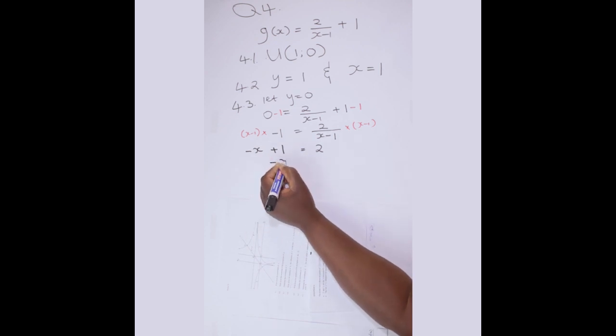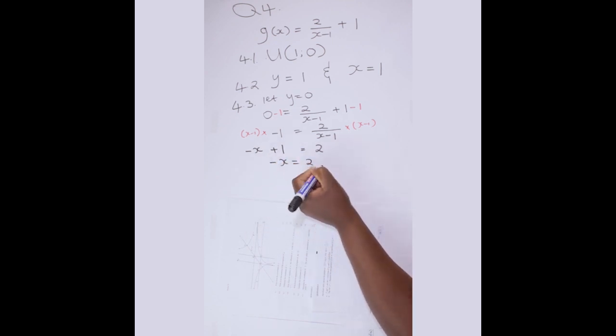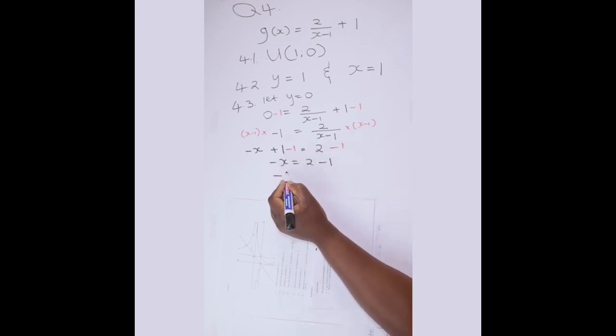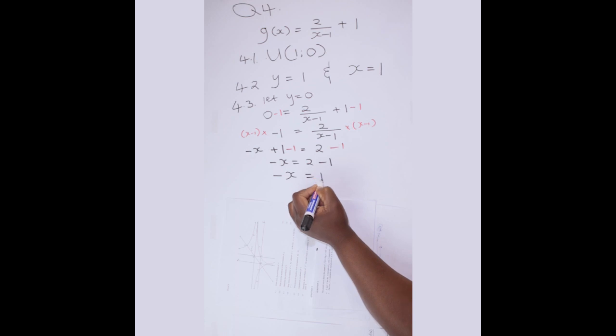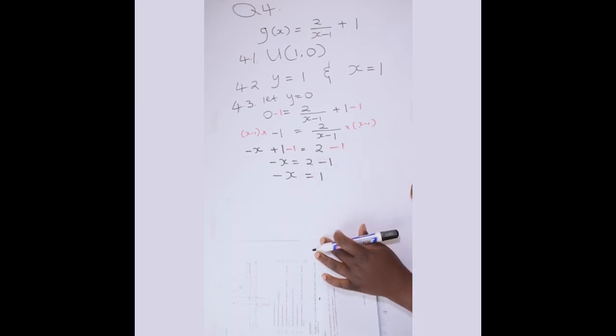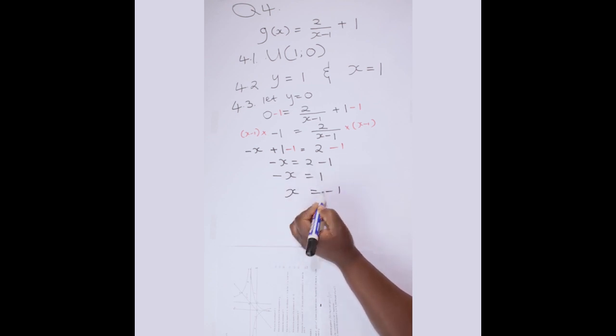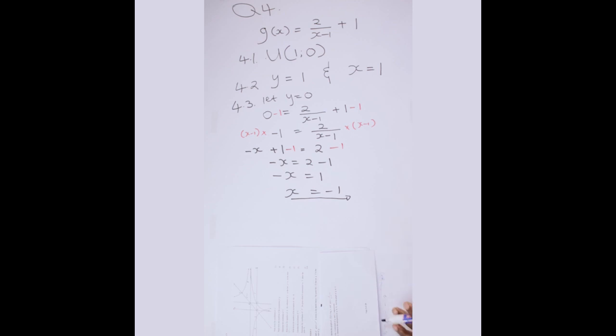Now your negative x will be equal to 2 minus 1, because you are going to subtract 1 on both sides of your equation. After that, you will have negative x equals 1. Then you divide both sides by minus 1, and you remain with x equals minus 1. And that is your x-intercept at t.